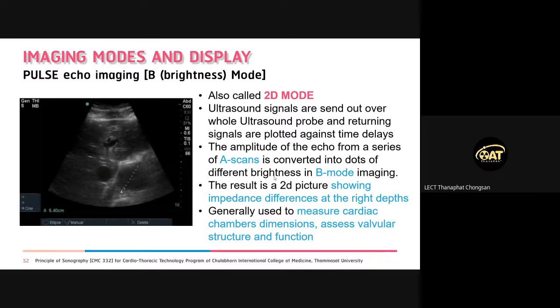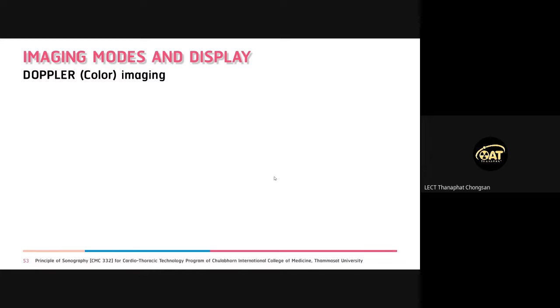A mode gets 1D information, only depth, but B mode gives a 2D picture that can tell information about height and width, while A mode tells only depth.